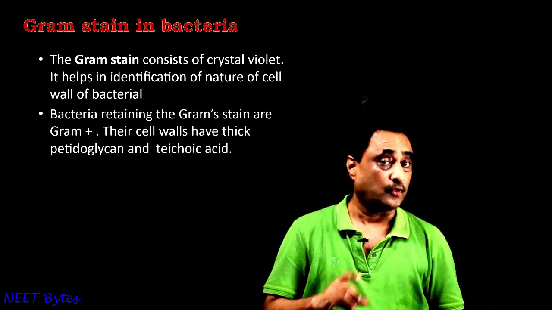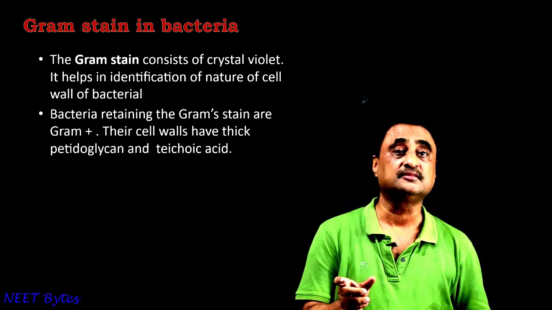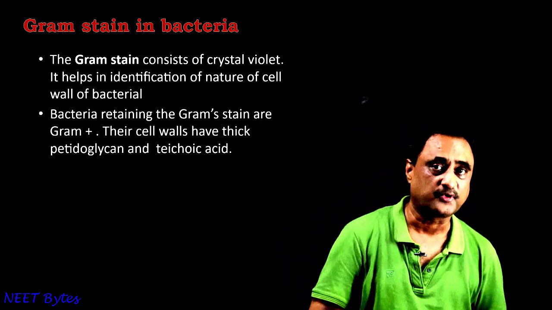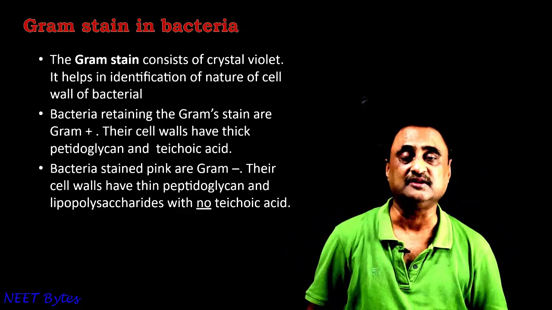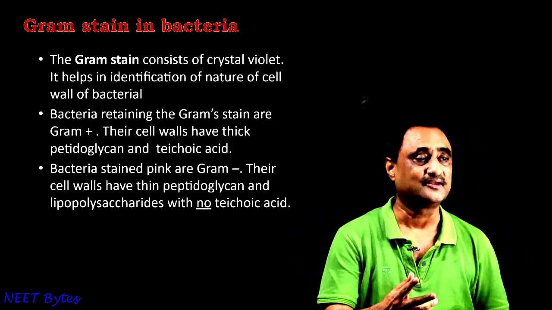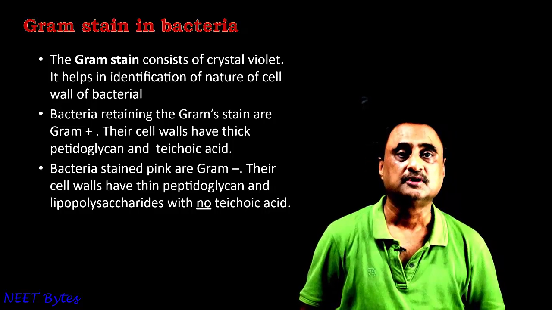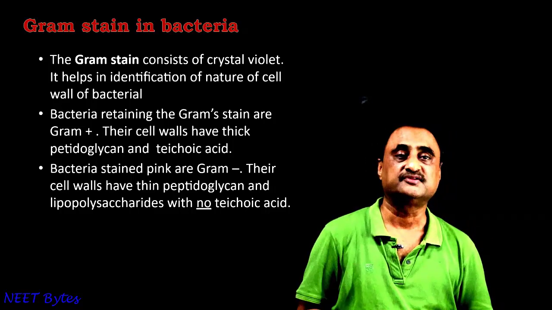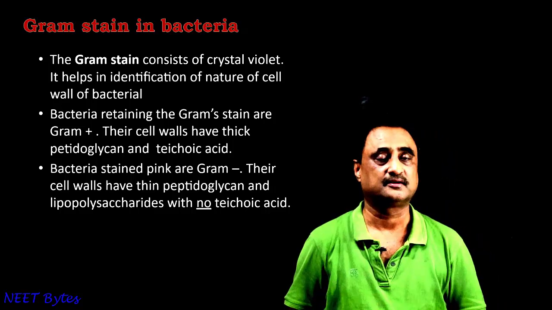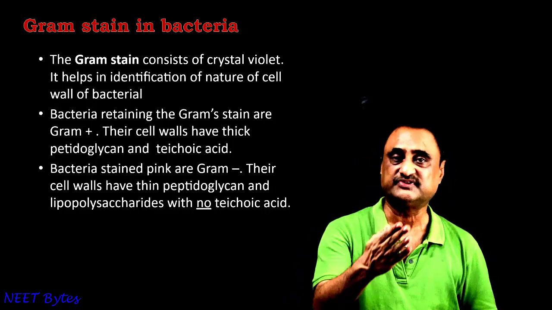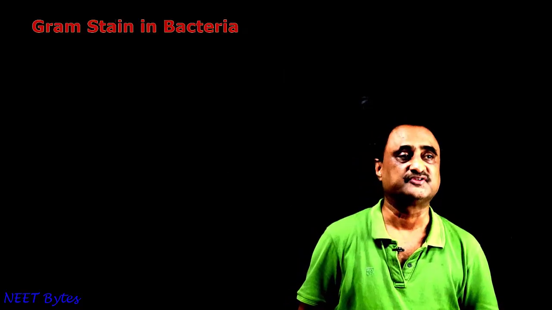All those bacteria which retain the gram stain, we call them gram-positive, and the bacteria which fail to retain the gram stain, we call them gram-negative. One more thing: in gram-positive, there is teichoic acid that is exclusively present in gram-positive bacteria.